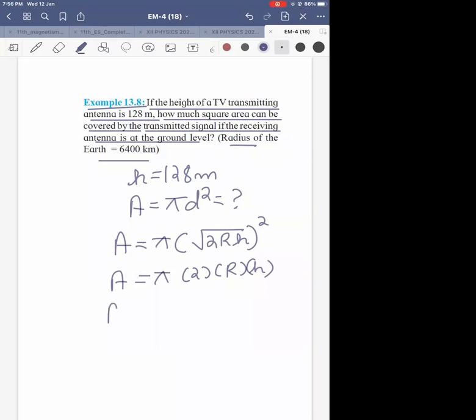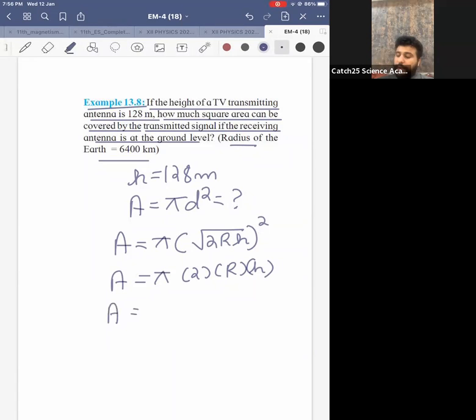Do I know the value for pi? Yes, it is a constant, 3.14. 2 is a constant. Do I know the value of radius of the earth? Yes, 6.4 into 10 power 6. Do I know the value of height? Height is given as 128 meter. So can you substitute all this and get the answer for area? Can you try? Start. I have given you the data. Try to get the answer.